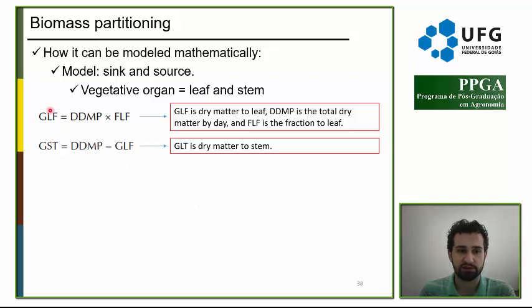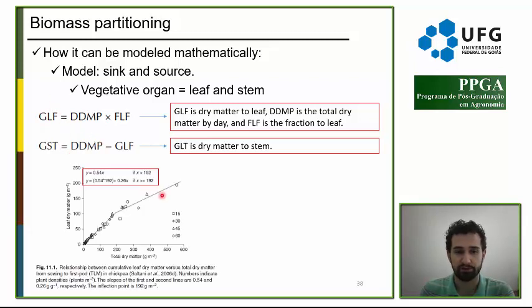So here in the vegetative organs, the leaf and stem, I have this GLF, which is the dry matter to leaf. It is a function of the maximum dry matter produced per day, and FLF is the fraction of this biomass that is put in the leaf. And for stem, I just have the difference between what was produced that day less what was put in the leaf.